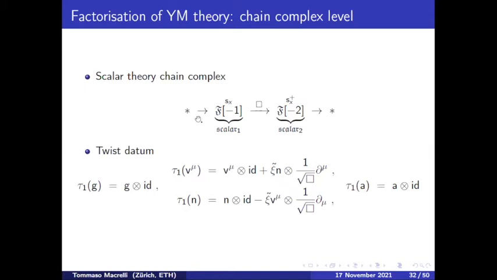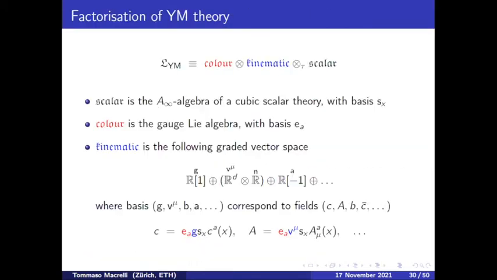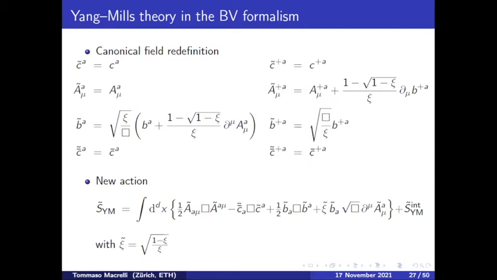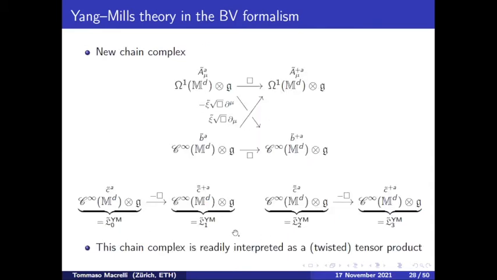And then the twist datum we need to reconstruct the Yang-Mills theory is explicitly given by these formulas. Using all these elements, what we obtain is precisely this A infinity algebra that reproduces the kinematic part of field-redefined Yang-Mills theory.